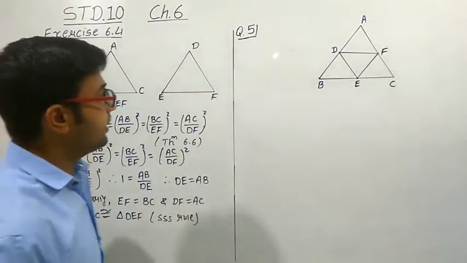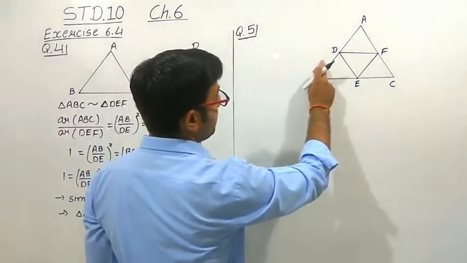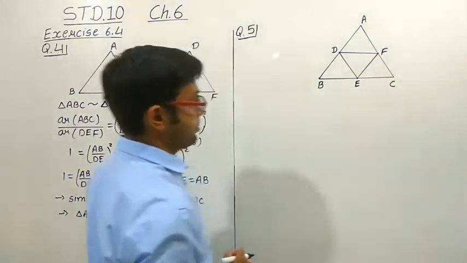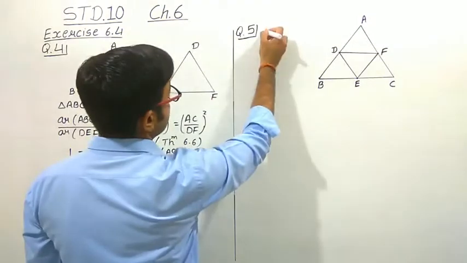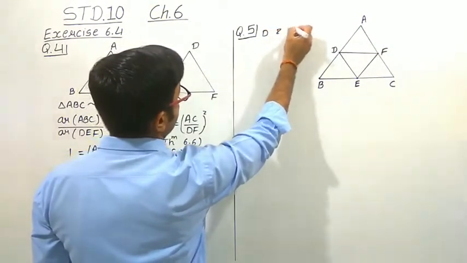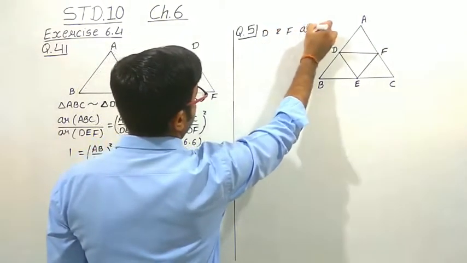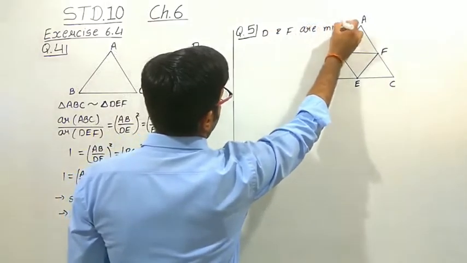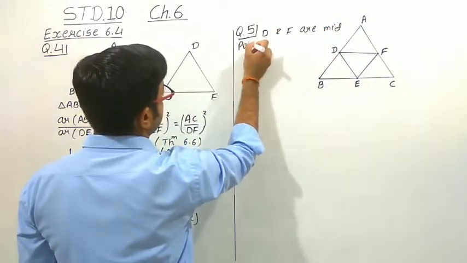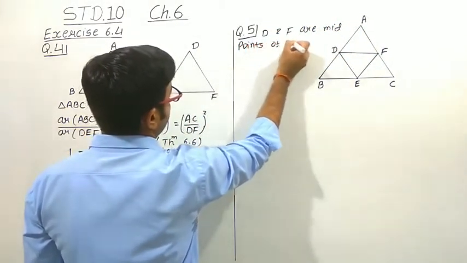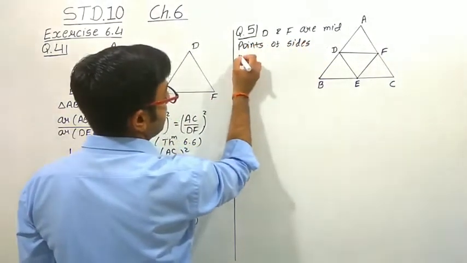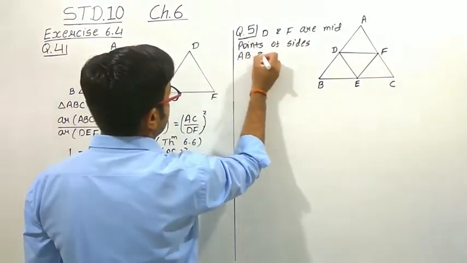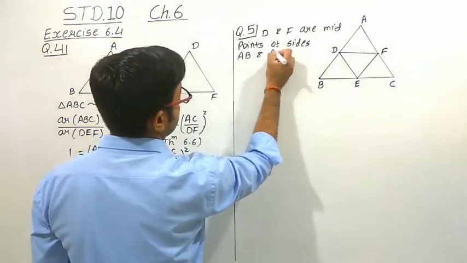See, here we are given that D and F are the midpoints of sides AB and AC, right? So let us start from there. D and F are midpoints of sides AB and AC.